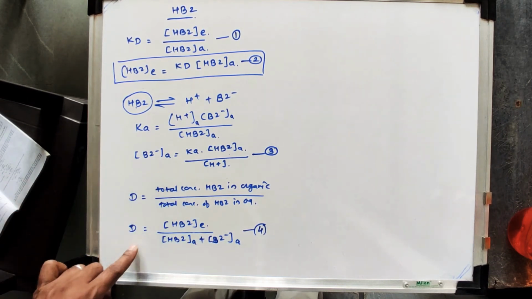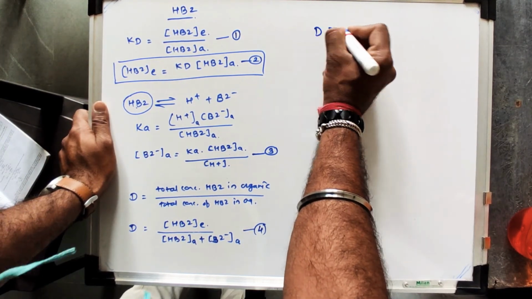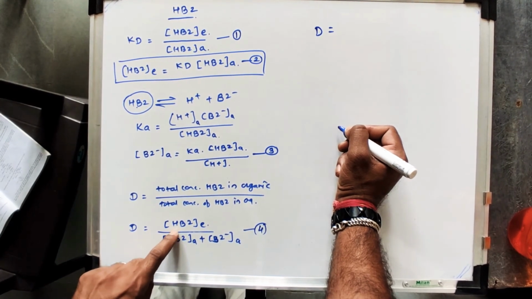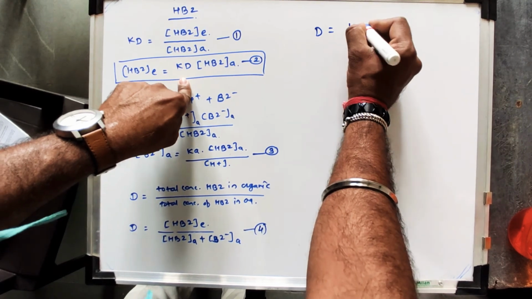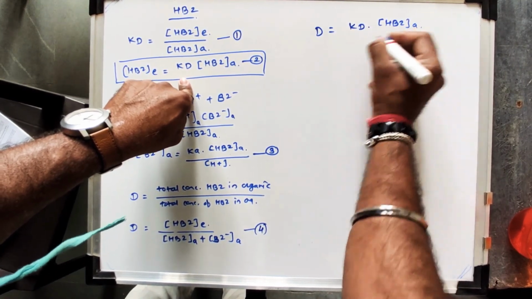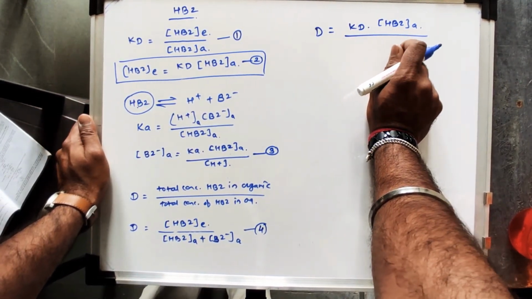So, in equation 4, the distribution ratio can also be written as, instead of the total concentration of benzoic acid in ether layer, I use equation number 2, that is KD into HBZ A, concentration of benzoic acid in aqueous layer.